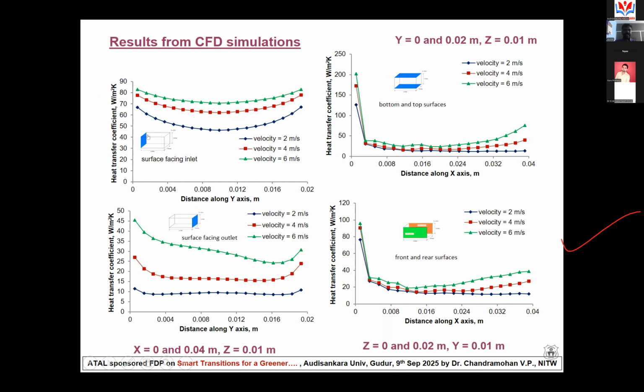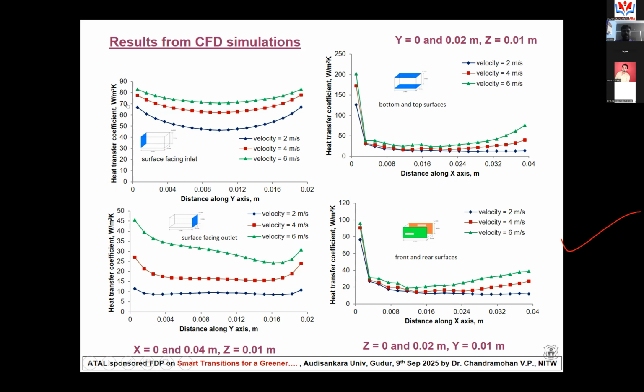You can see this is the food product, and when the food product is kept here, initially the air will be flowing and hitting the inlet surface. Then how will the heat transfer coefficient values be over the distance of the food product? The size is 4 into 2 into 2 centimeter.